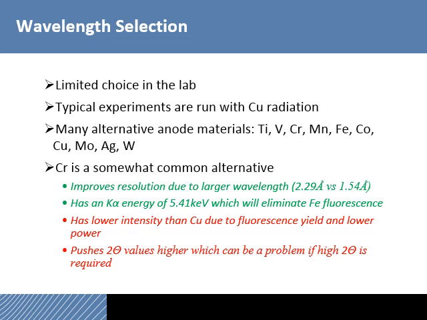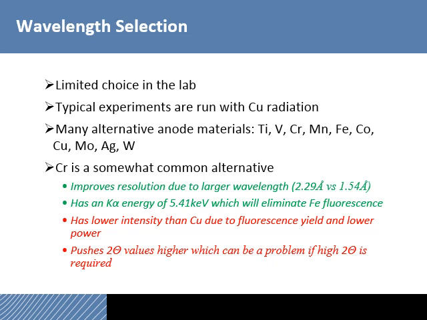The diffractometer downstairs in CCR uses a copper tube, and like I said, that's the most common for a lot of reasons. There are many alternative anode materials: titanium, vanadium, chrome, manganese, iron, and so on. You can actually read the list. I would say probably the second most common anode material would be chrome. So if there is a common alternative, that is it.